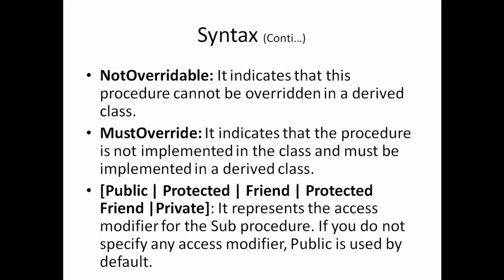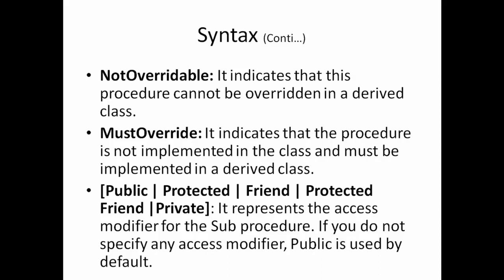Another keyword is NotOverridable, which indicates that this procedure cannot be overridden in the derived class. MustOverride indicates that the implementation of the procedure is not present within the class, so this procedure has to be overridden within the derived class so that it can be implemented.